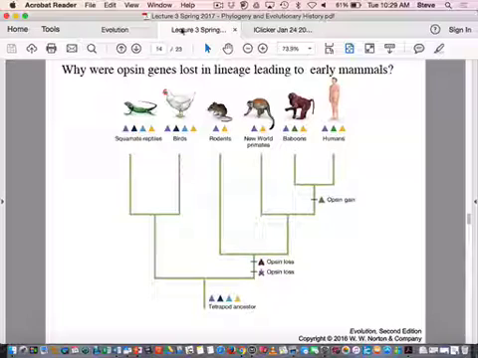Why didn't they need those pigments? They're nocturnal, great, okay? One of the arguments is that these particular kinds of opsins are really not needed, especially for nocturnal vision, so there's no selection to maintain them, and they were lost. Obviously, is that true in us, in baboons, and all sorts of other organisms? This is more than just baboons and humans, but certain opsins are very important for diurnal and color vision.